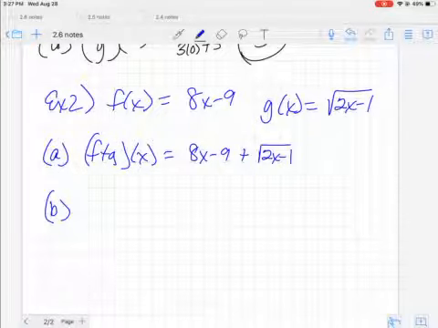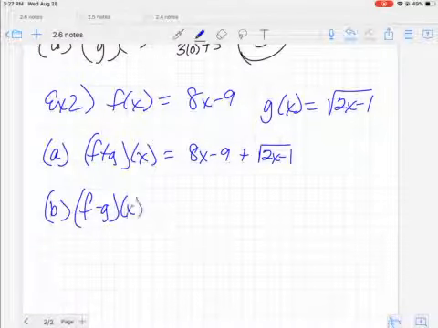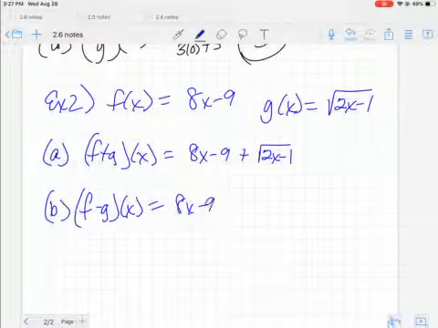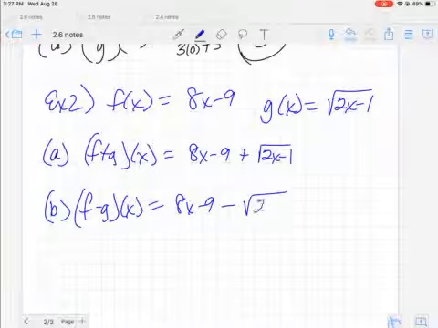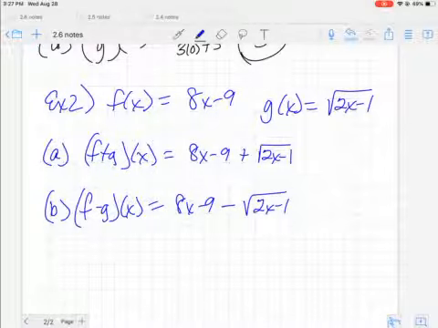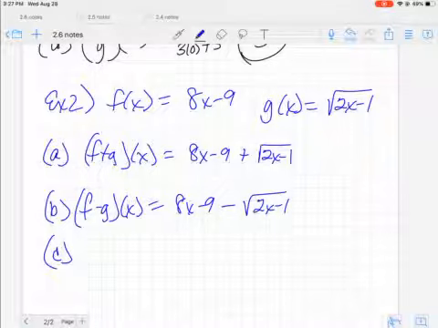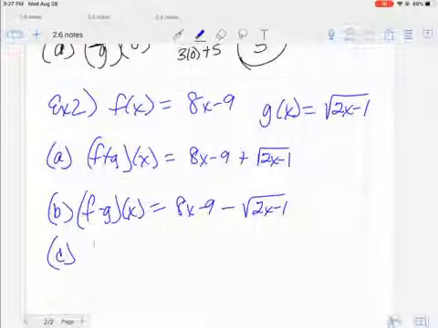Part B, when I subtract, we have 8x minus 9 minus the square root of 2x minus 1. There are no like terms. There is nothing else we can do with that. So you leave it.